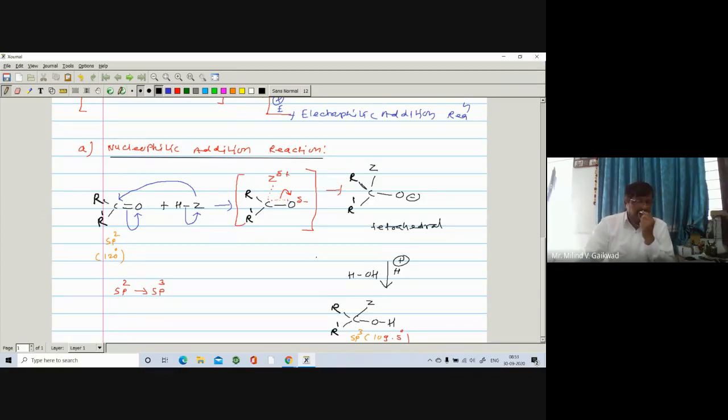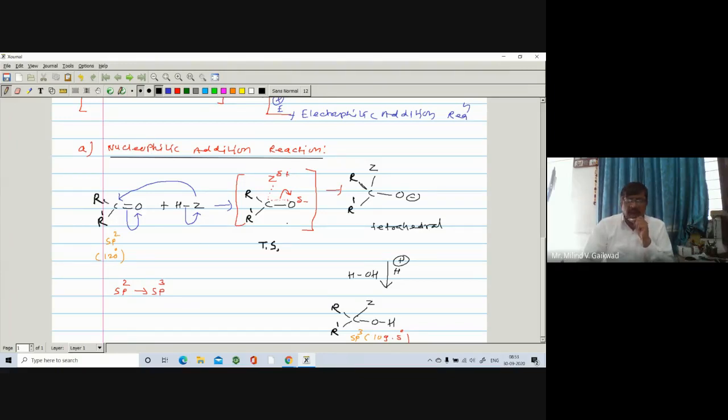So here you'll see that in the transition state, the carbonyl carbon, here one, two, three, four, is tetravalent. So there are four groups in the transition state. And in the case of an SN2 reaction, it is pentavalent. So there is a formation of a transition state in the nucleophilic addition reaction.